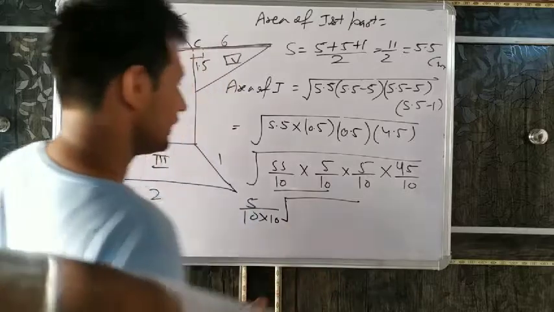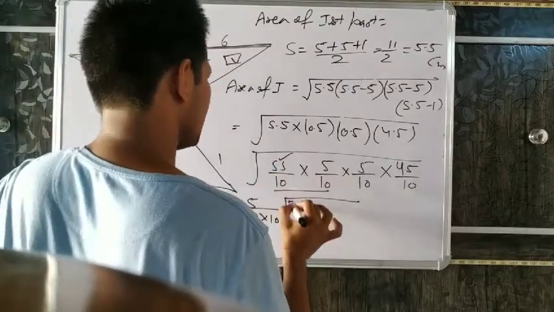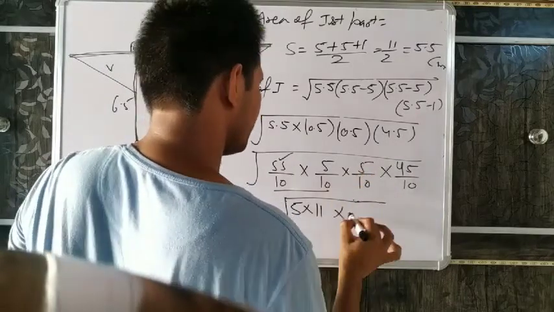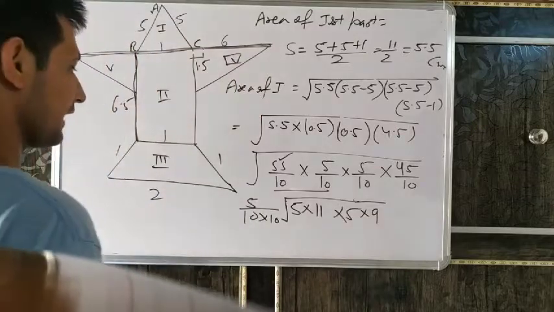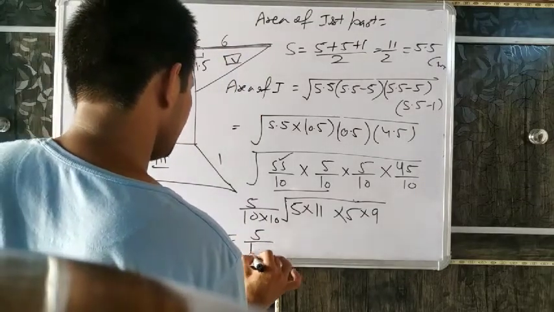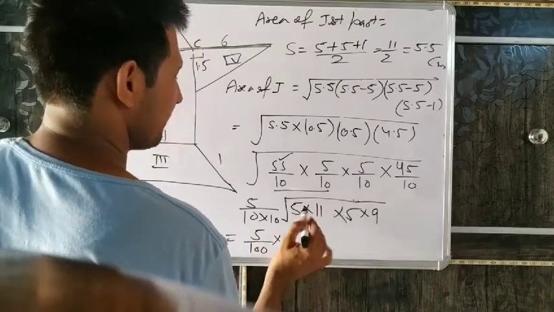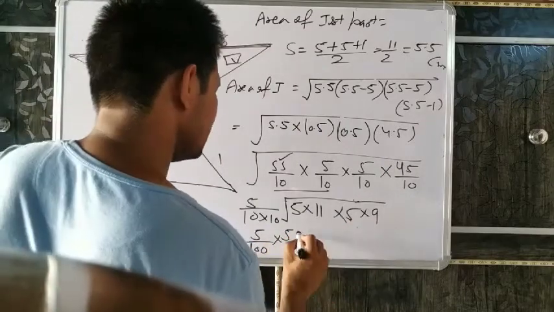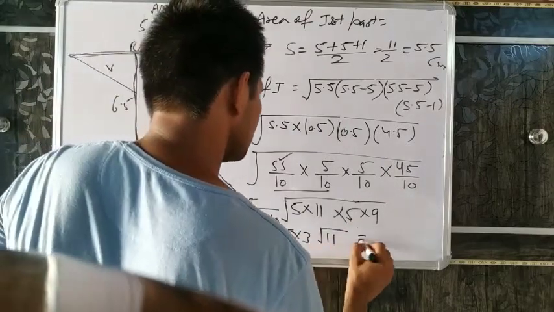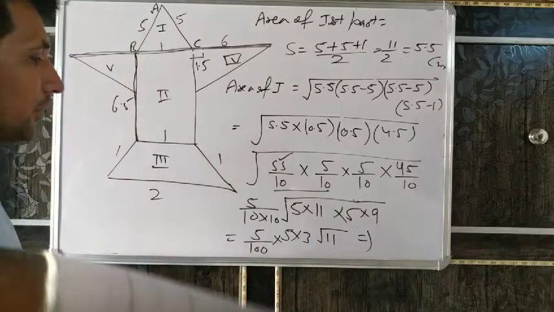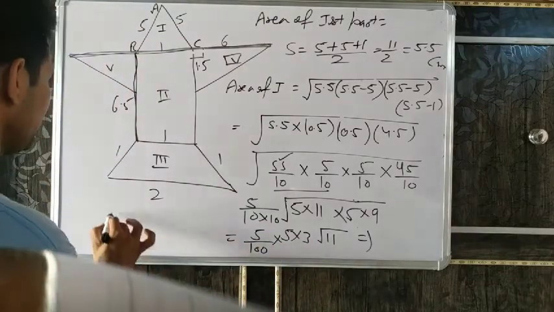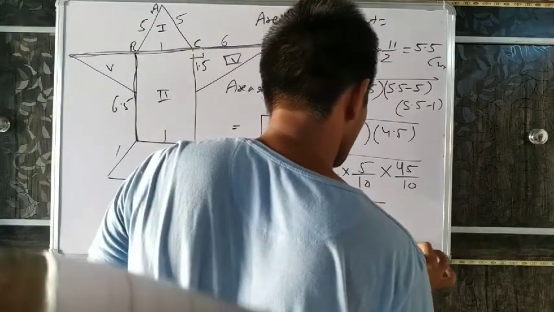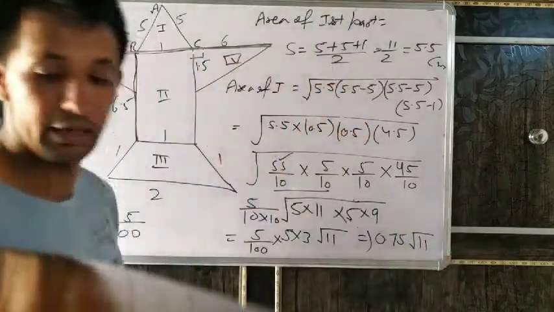What is inside? 55, which is 5 into 11, and 45, which is 5 into 9. So 5 divided by 100, multiply; 5 pair comes outside, 5. And square root of 9 is 3, into 11. So what remains? 5 into 5, 25. 25 into 3, 75. 75 divided by 100, 0.75 under the root 11. Understand?